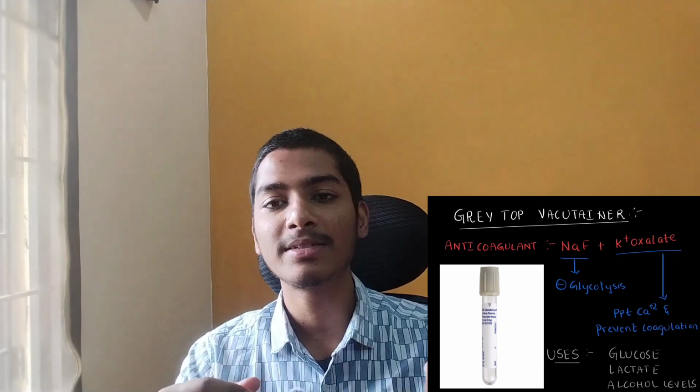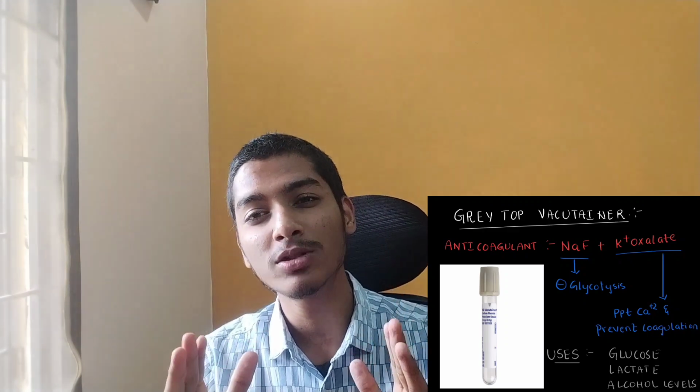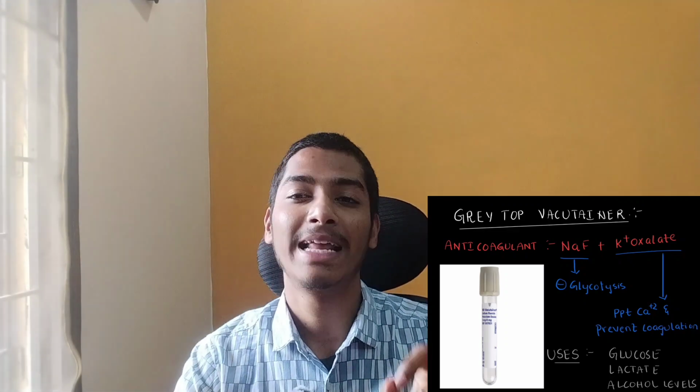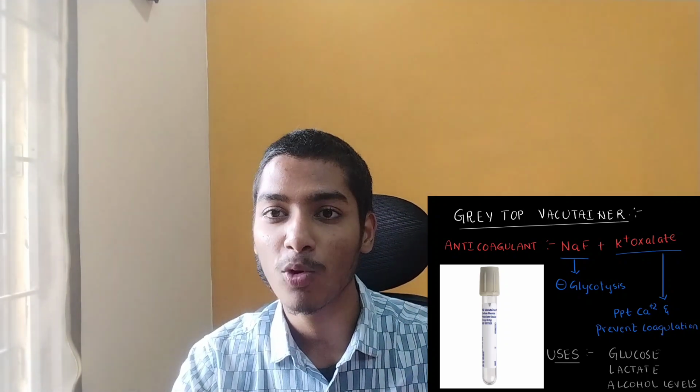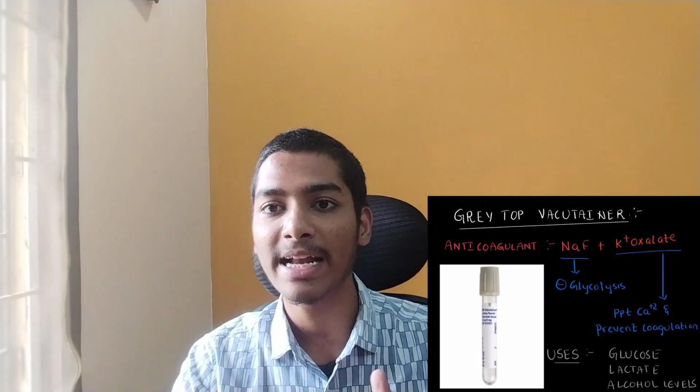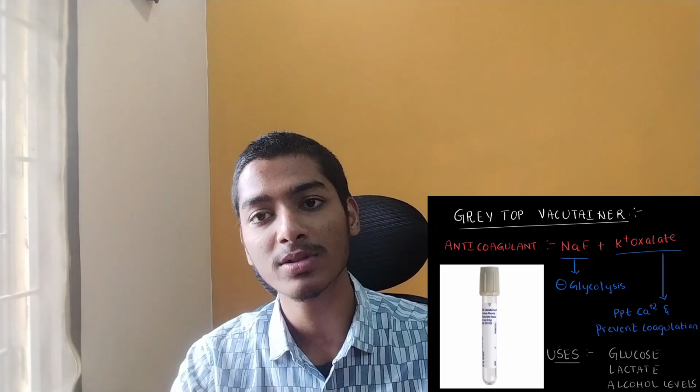So here the sample is plasma and it is used for blood glucose. Yes, for blood glucose we use the gray top vacutainer containing sodium fluoride and potassium oxalate as the anticoagulants, and for lactate and alcohol tests we also use the gray top vacutainer only, right?